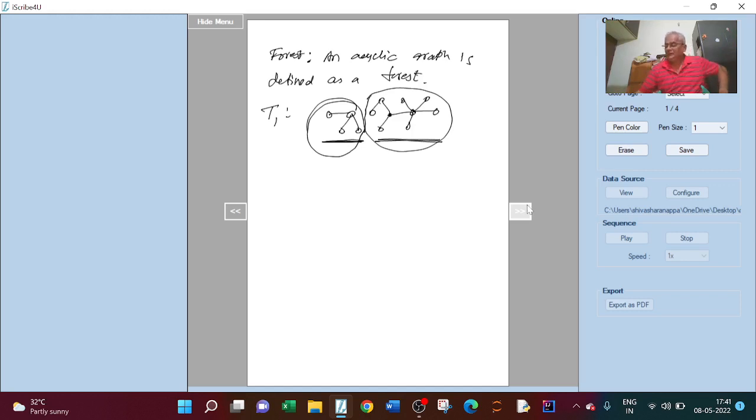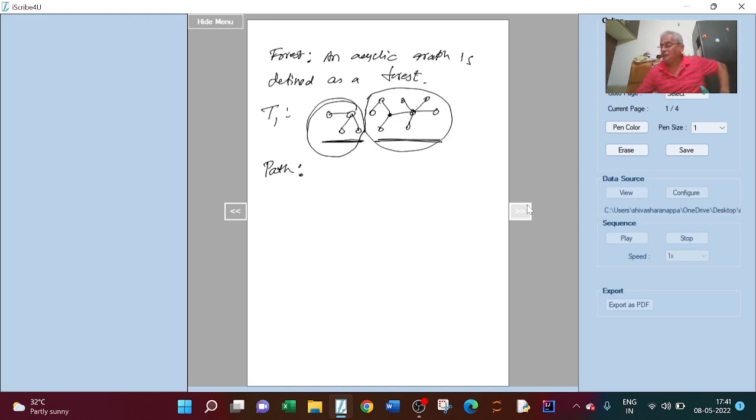Okay. Then we define path graph. Path means it consists of only one path. So here, one path means all the two vertices having degree 1 and all remaining vertices having degree 2. We say that it is a path.